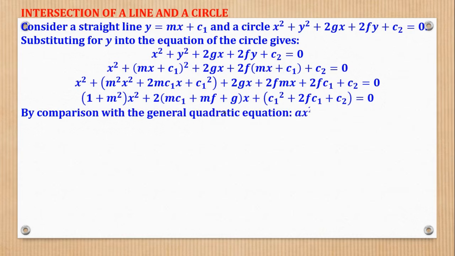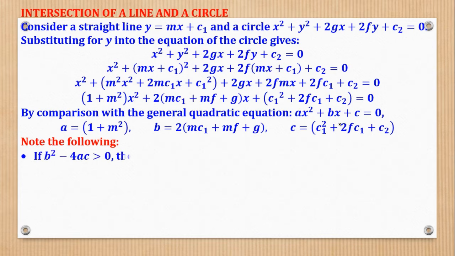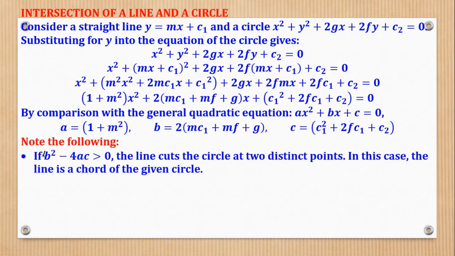Therefore, by comparison with the general quadratic equation, which is ax squared plus bx plus c, it implies that a is this quotient of x squared and b is the whole of this and c is the whole of this constant. So with that, there are some things we need to note. Our interest is this one, which we call the discriminant. I think you remember that under the topic of quadratic equations.